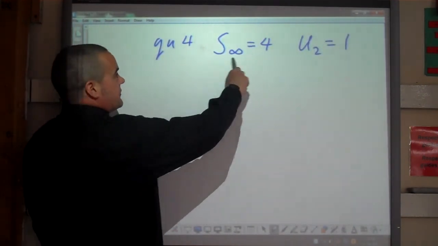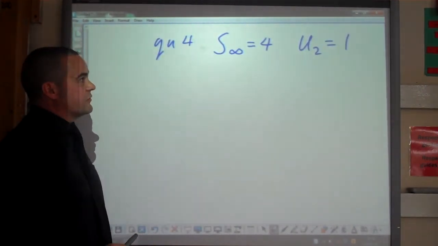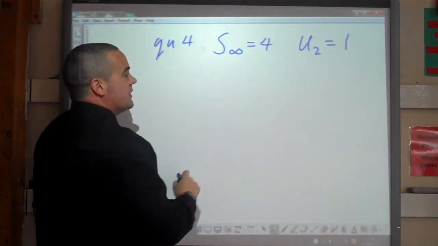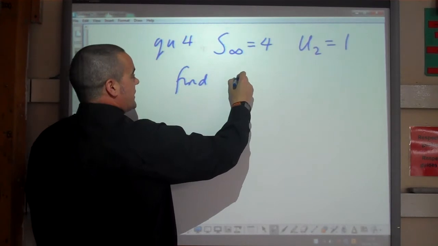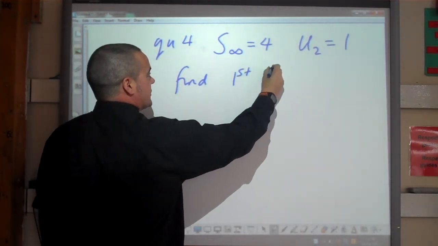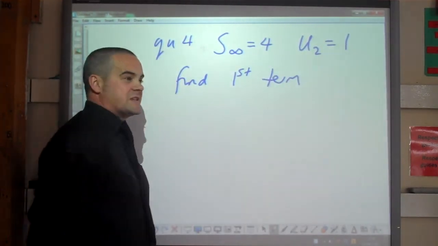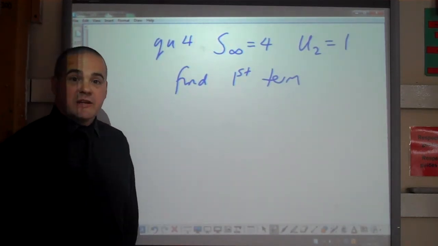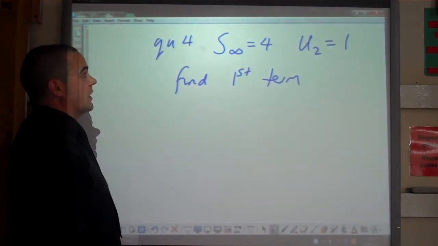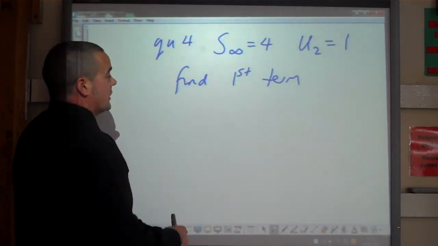Right, the last one. If the sum of our series is 4 and the second term is 1, I want to find the first term. That's not exactly what it is, it's the second, third and fourth, but once you've found it, all you really want to do here is find the common ratio.